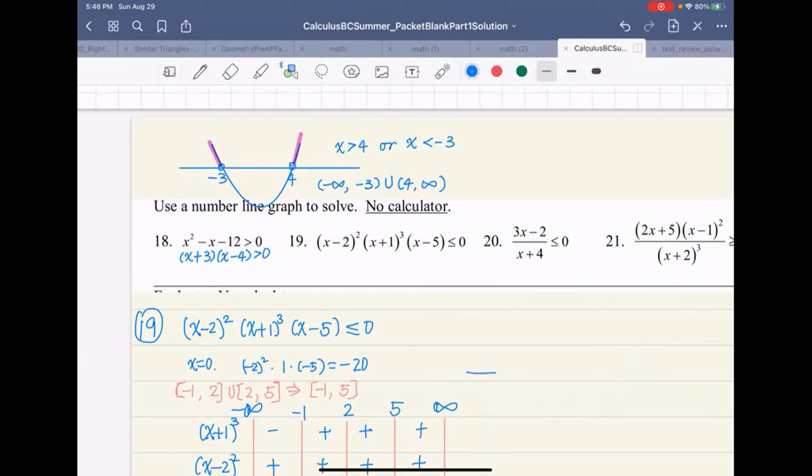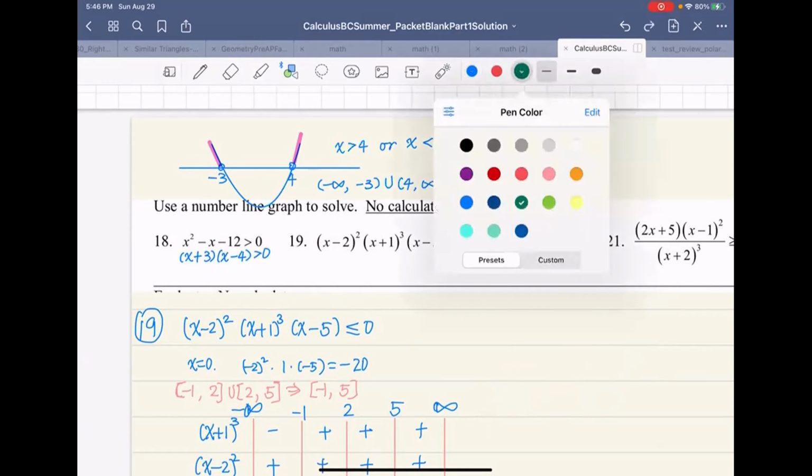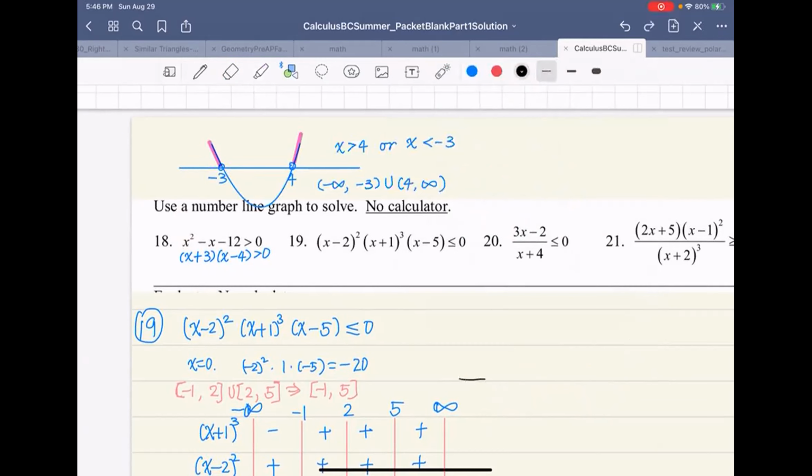When I first draw the x-axis, I will mark my roots from left to right. Which one do you want to mark first? x plus 1 cubed. So this is -1, right?